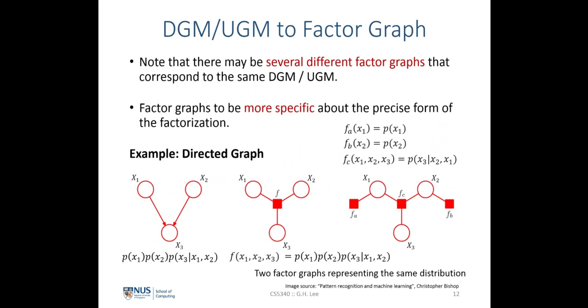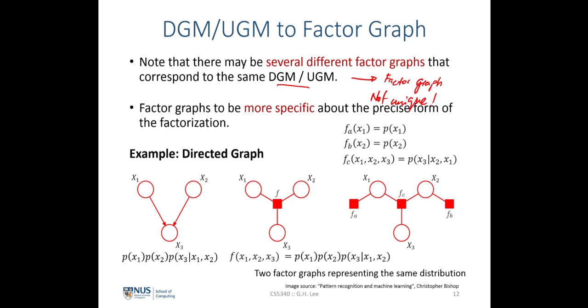It is also important to note that there may be several different factor graphs that correspond to the same directed graphical model or undirected graphical model. So this means that given an undirected graphical model or a directed graphical model, the conversion to a factor graph is not unique.